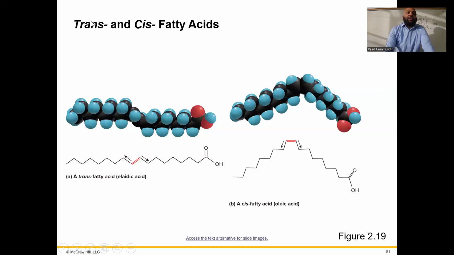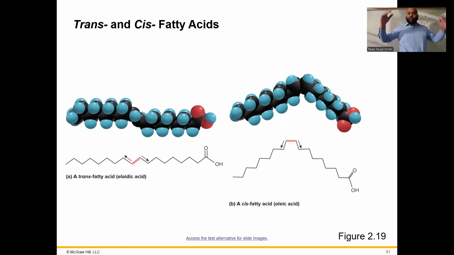So what's the difference between a trans and a cis fatty acid? The trans has the fatty acids in opposite direction. So you see here, that's the double bond. You see the red? There's a double bond. In the double bond, you have one region pointing up and one region pointing down. That's a trans fatty acid, because one is up, one is down.